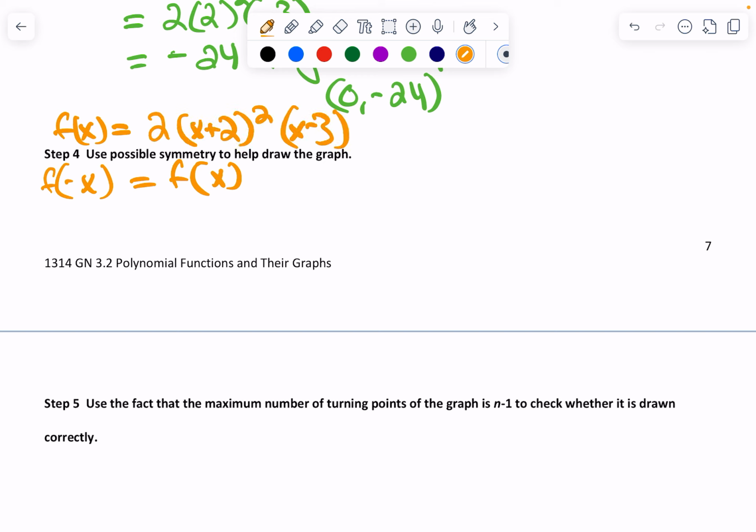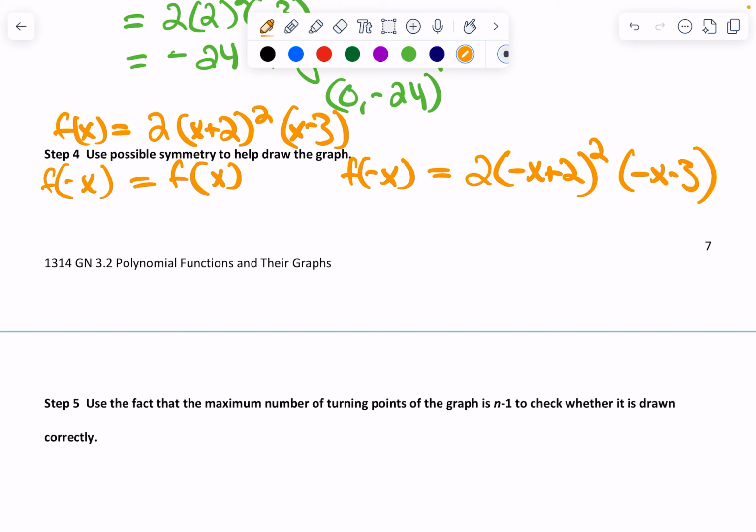So we're going to plug in f of -x and see if it's the same. So 2 times (-x plus 2) squared times (-x minus 3). Nope. This is not the same as what we have for f of x. So these two are not the same, which means that there is no y-axis symmetry.